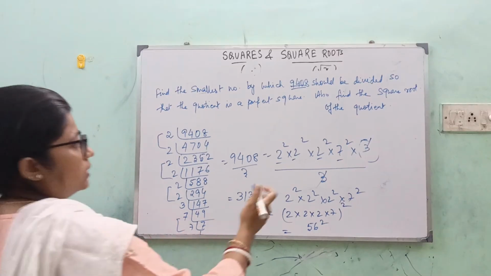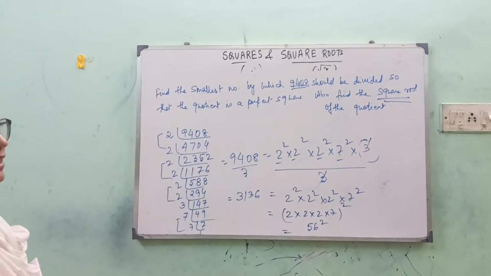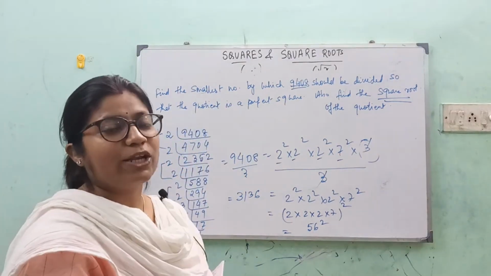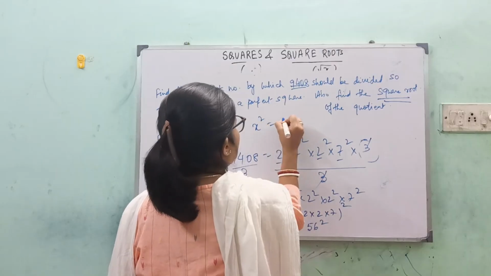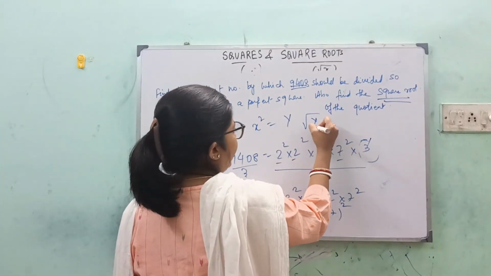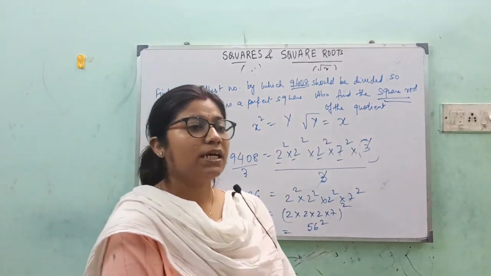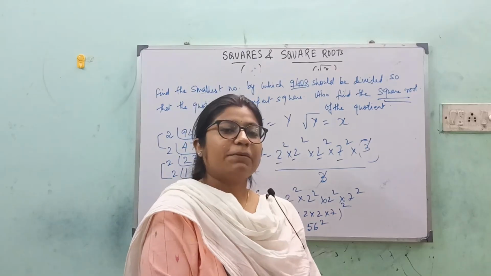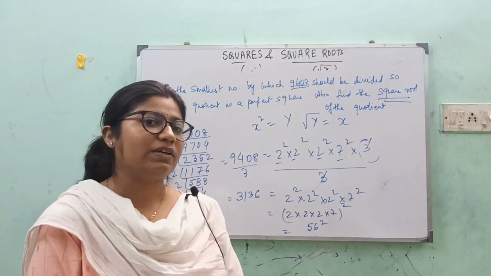Now this word, square root, is nothing but finding the opposite of square. Meaning when you square a particular number x, suppose we get y. Now when you do square root of y, you get x. Like we have learned addition and subtraction are inverse operations, multiplication and division are inverse operations. Similarly, square and square root are also inverse of each other.